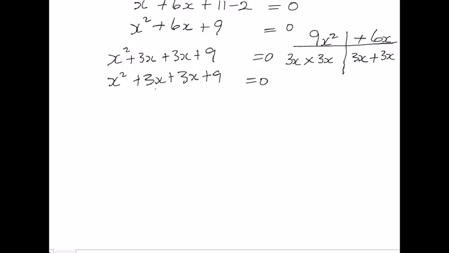So x is here and x can still go in 3x. So let's take x out into x plus 3. x times x will give us x squared plus x times 3 will give us 3x. Okay, plus 3 can go in 3x and 3 can go in 9. So take out 3 into bracket x plus 3.